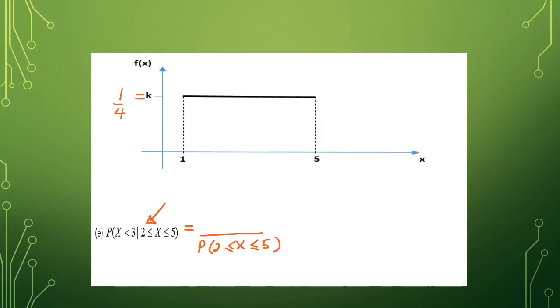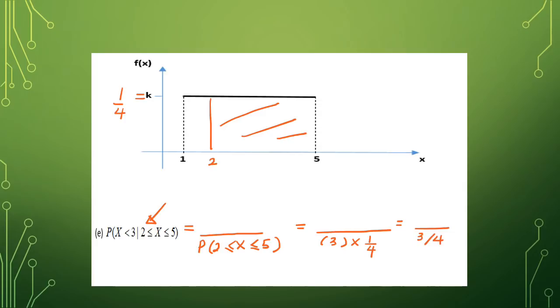Now using the graph, where is 2 to 5? If this is 2 and this is 5, this is the area we are looking at. If we multiply the width, which is 3, times the height, 1 over 4, you will get 3 over 4 here.